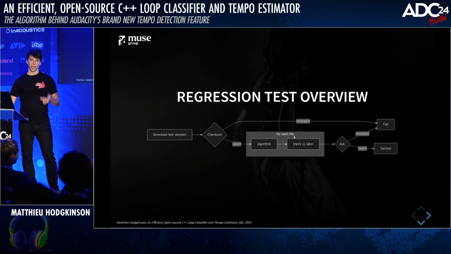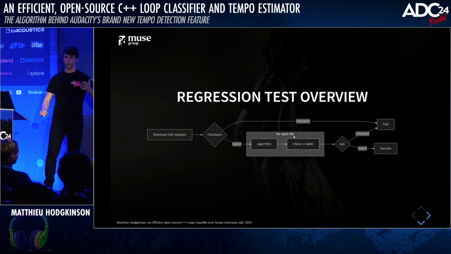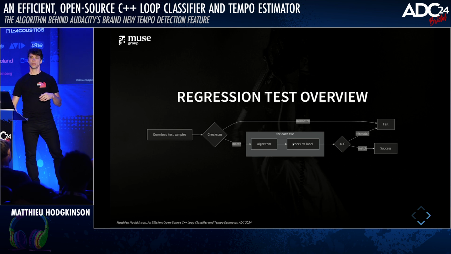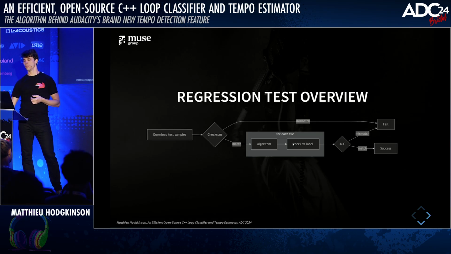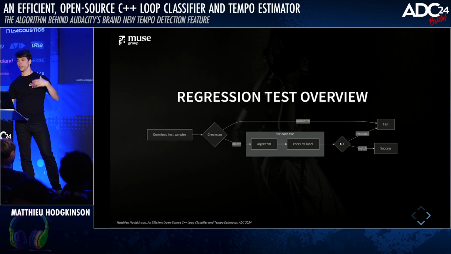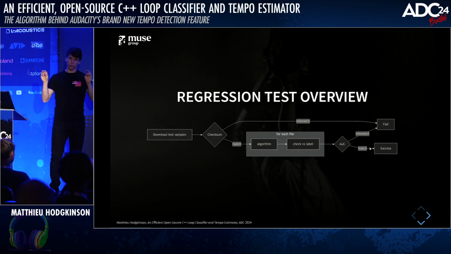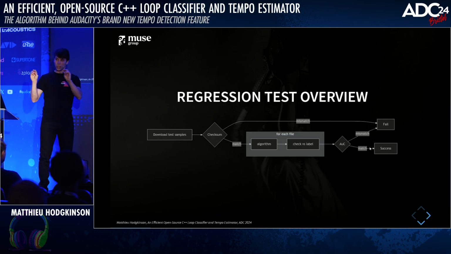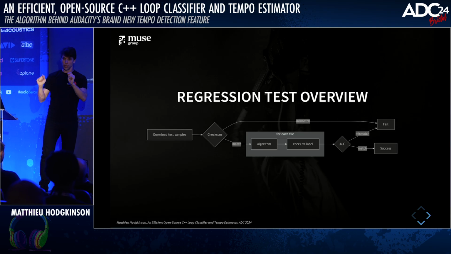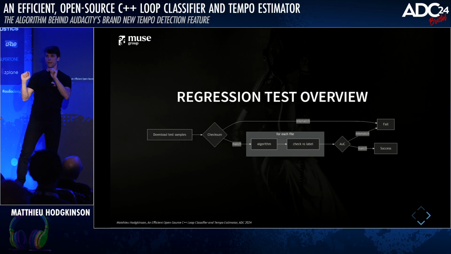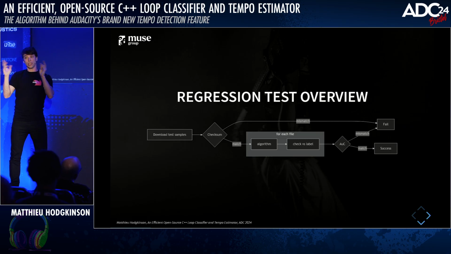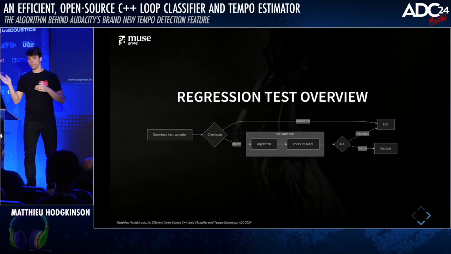For each file, we run the algorithm. The algorithm says yes, no, loop or not. And we then check this against the ground truth of the labeled file. And then coming out of this iteration, we can draw our ROC and measure the area under it. The reference AUC is hard-coded in this benchmarking test, and if the new measurement says now it's different, then it's going to fail.